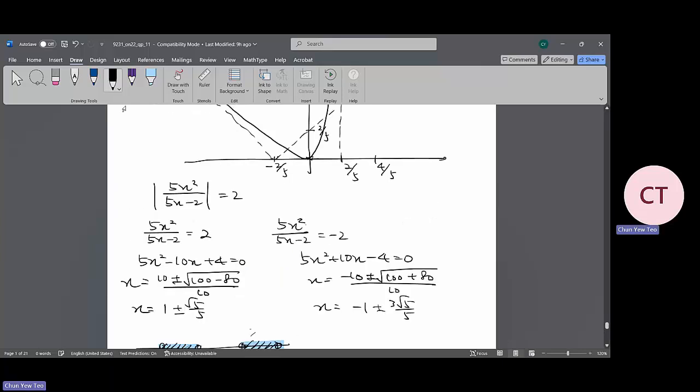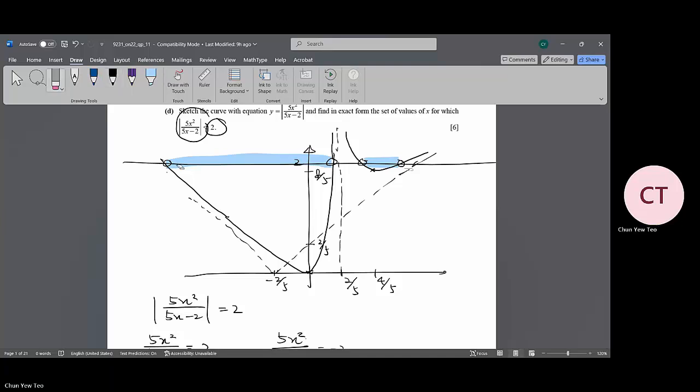I will erase all these unnecessary things, as I don't want to make my graph so messy.